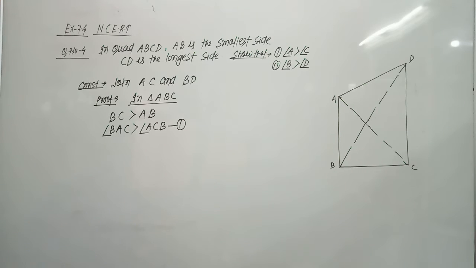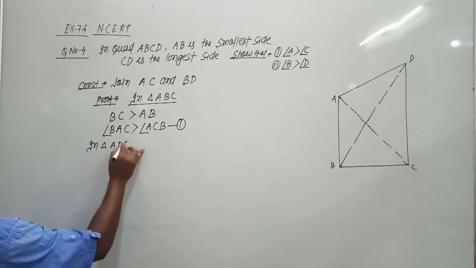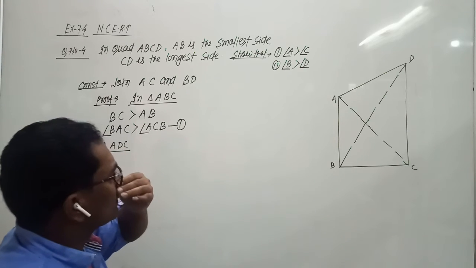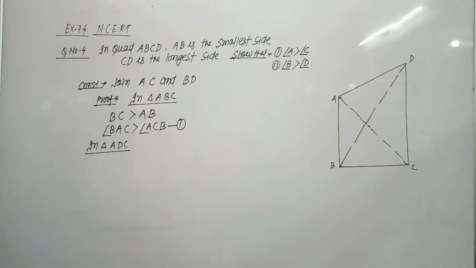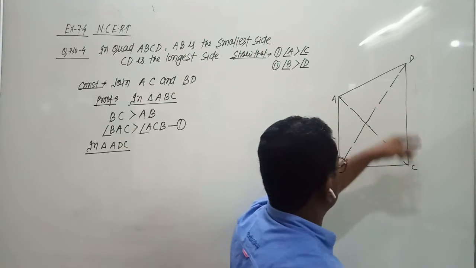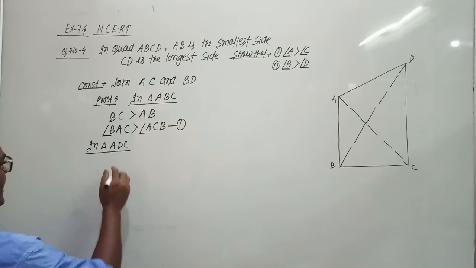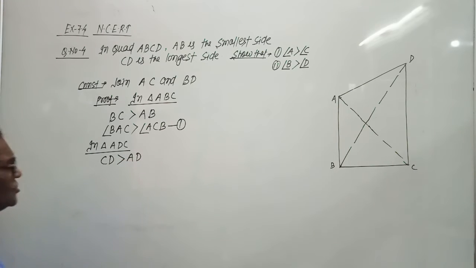Now in triangle ACD, CD is the longest side. So we can write that CD is greater than AD, because CD is the longest side.